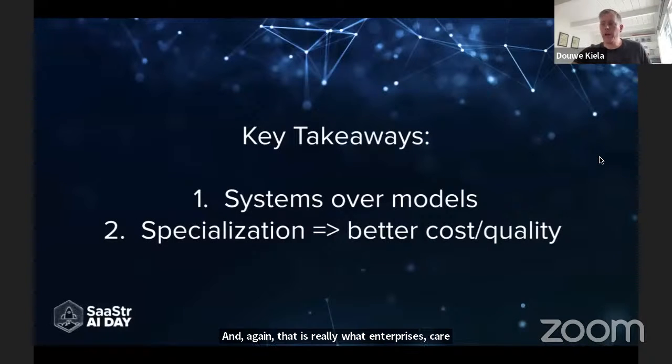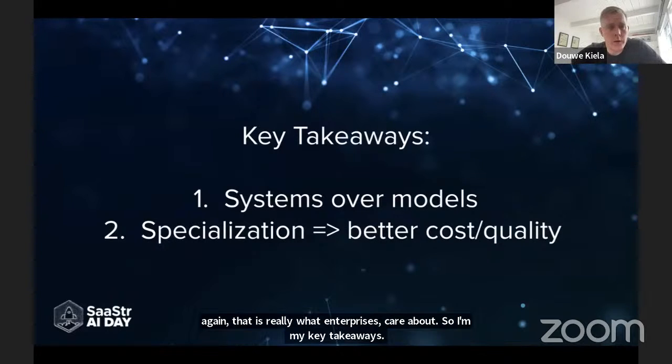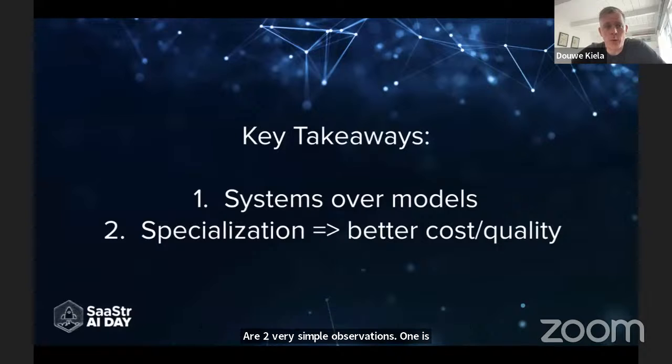So my key takeaways are two very simple observations. One is that it's about systems, and models are about 10-20% of those systems. So we should all be thinking much more about this from a systems perspective if we want to actually start productionizing AI in enterprises.